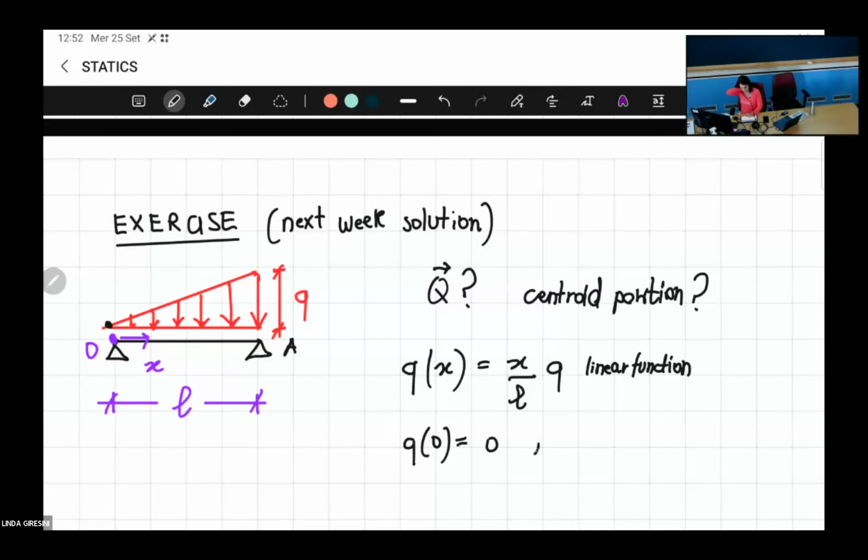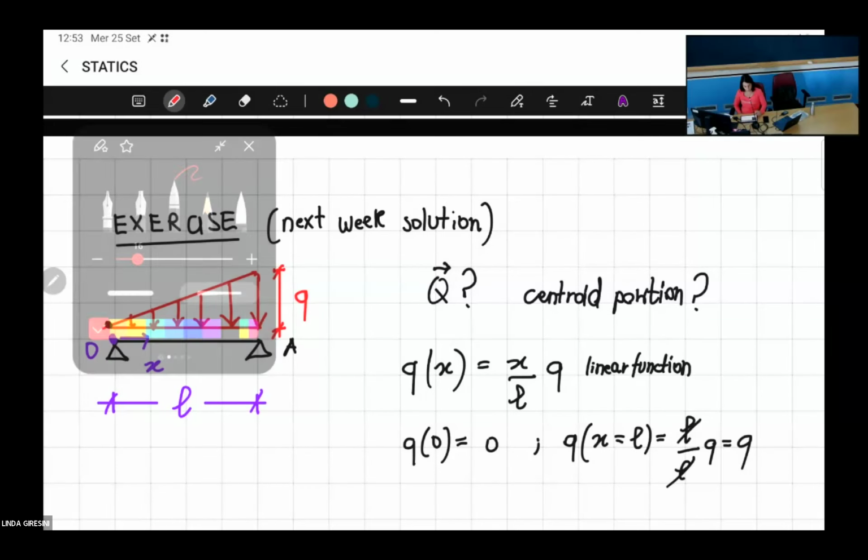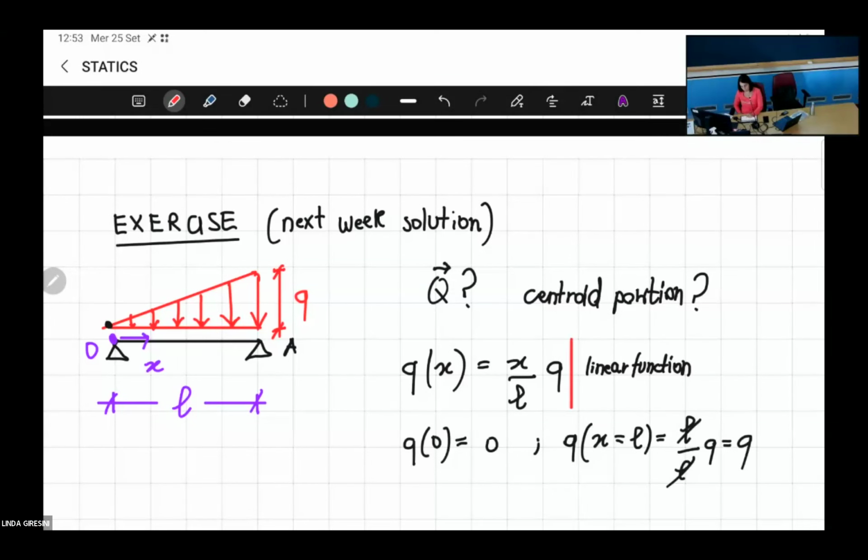So for x equal to L, we have L divided by L times Q, so Q. So you must use this expression in the integral, because you have to solve it with the integral.